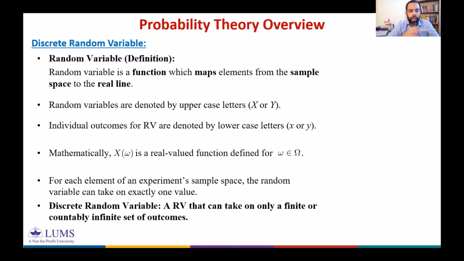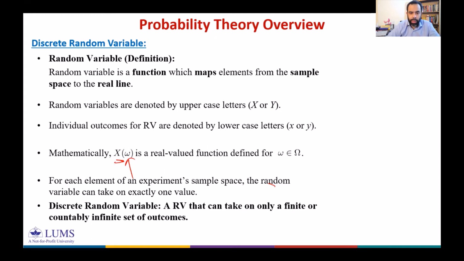So mathematically, our random variable X is a real valued function of each outcome of an experiment omega. Here we're assuming that outcome is discrete. So discrete random variable is a random variable that can take only a finite or countably infinite set of outcomes. It has to be finite, or if it is infinite, it has to be countably infinite. That means you can count a set of outcomes.